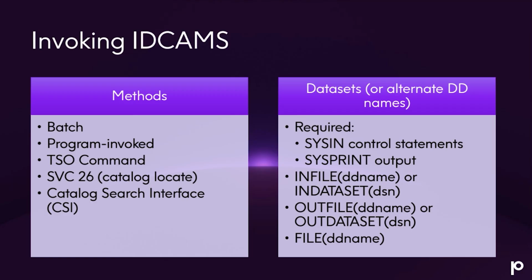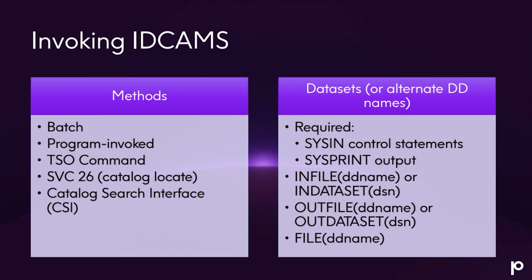But SVC 26 is actually a really wide-ranging SVC. It will not only list information from the catalog, but ultimately when I do a define cluster or a define alias or any sort of define or create command to create tape catalog entries, all of that is done via SVC 26, via a very large and very complicated parameter list, which IBM never really documented, but is used by most of the vendors.